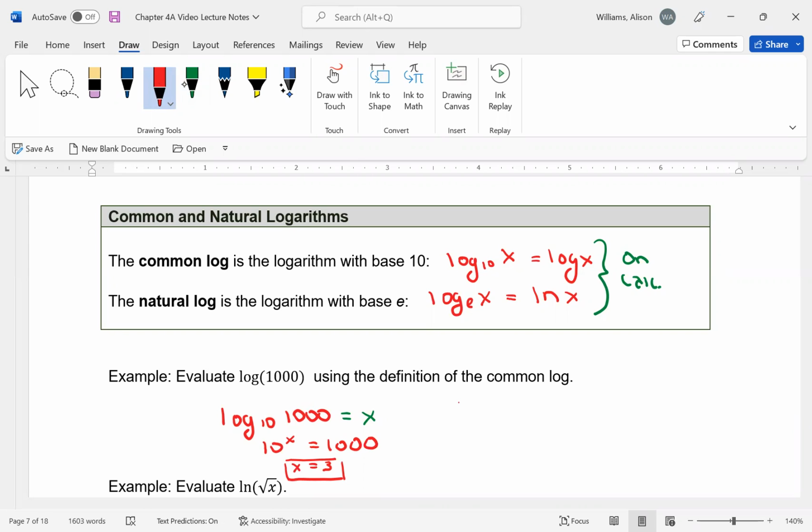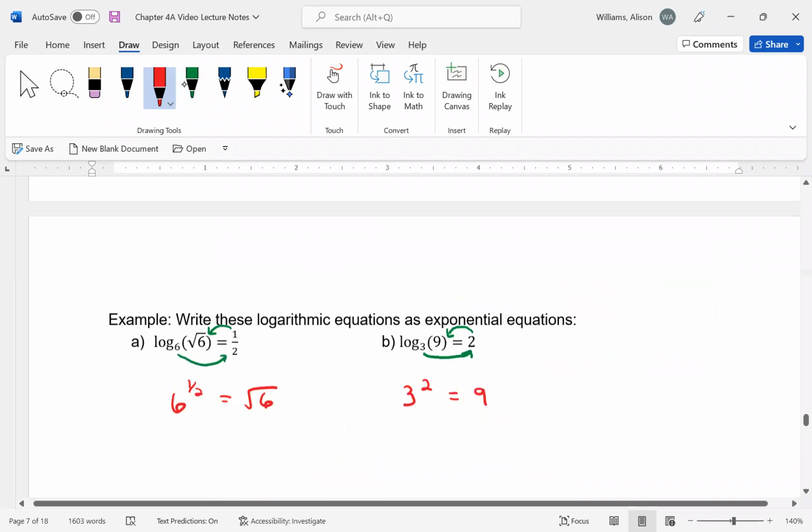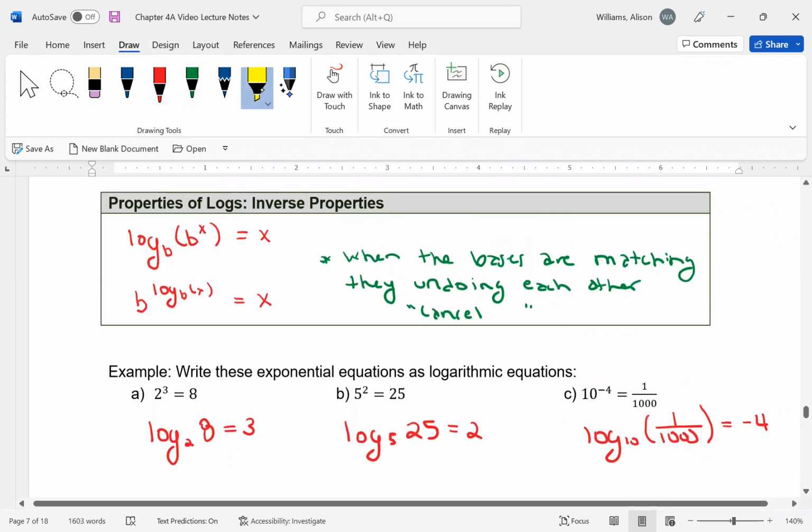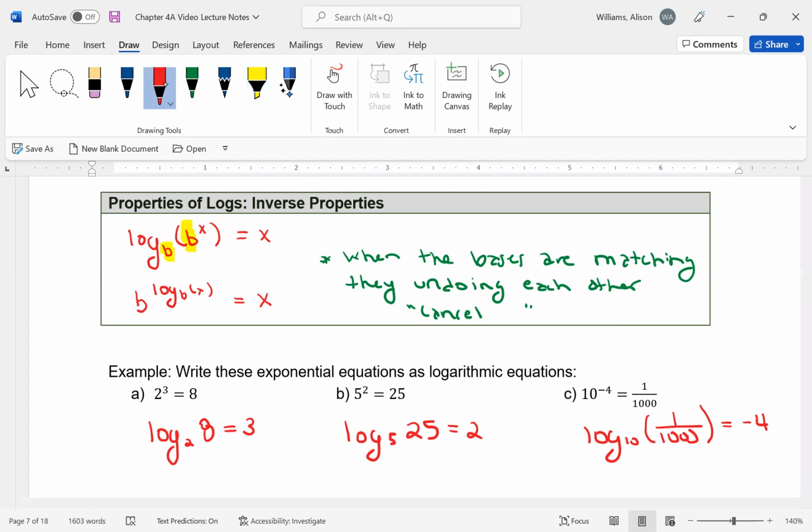Now, that's one way of evaluating this. Another way of evaluating this is to use the properties of inverses we talked about earlier. So I could rewrite 1,000 so it has the same base as 10. I can write it as 10 cubed. And now using the property up here, where if the bases match, it ends up just equaling the exponent.